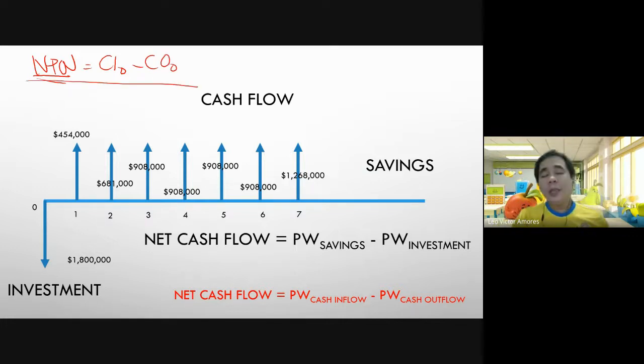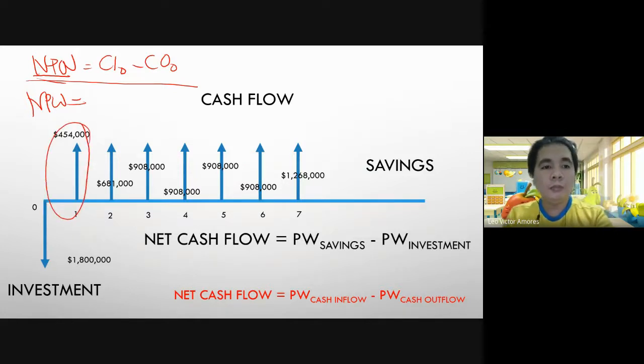But if I state in the problem, what is the net present worth for all of the cash flows on year 1, I am only referring to year 1. That means the present worth of the cash in on year 1 at year 0, minus the cash out on year 1. That is what I was referring to in that problem.